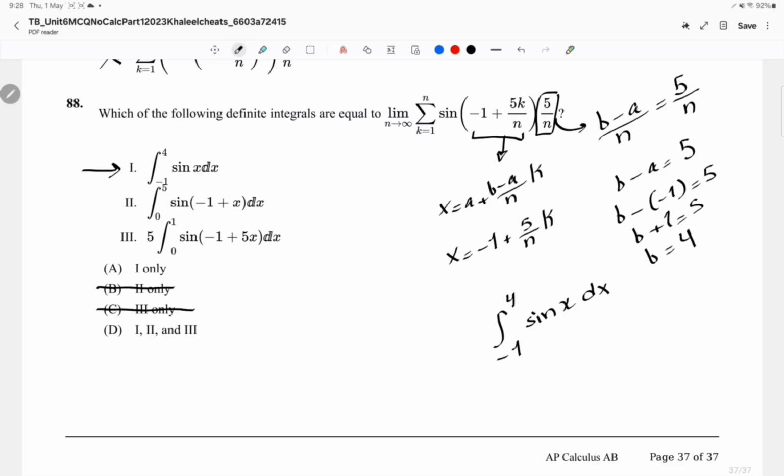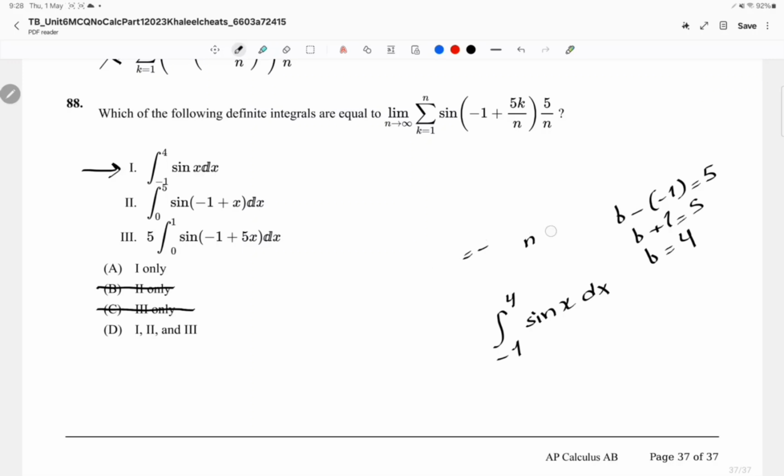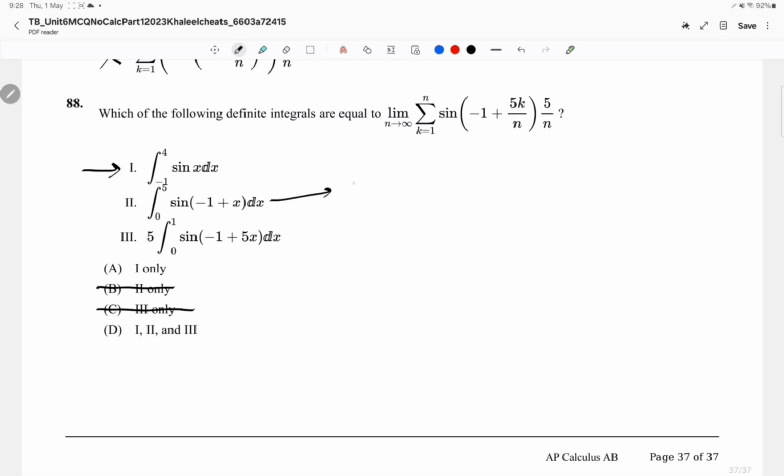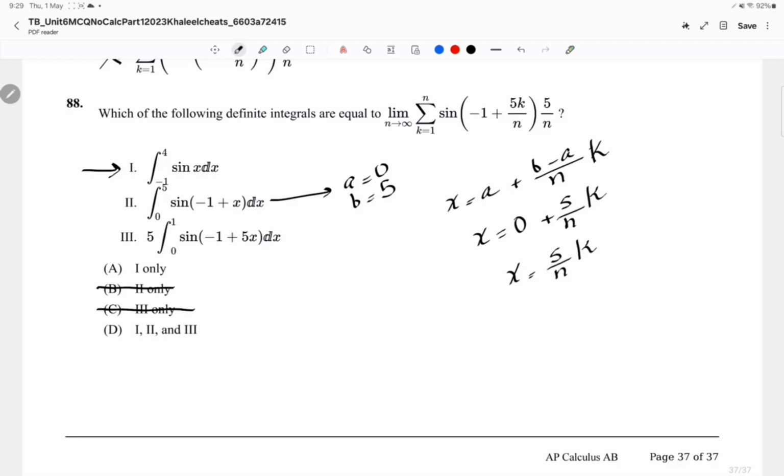Okay, let's see what else we can work here with. So for the next options, I will look at it this way. So here, the A is 0 and the B is 5. So I can say x is equal to A plus B minus A over nk. So it's like saying x is equal to 0 plus 5 over nk. So x is equal to 5 over nk.